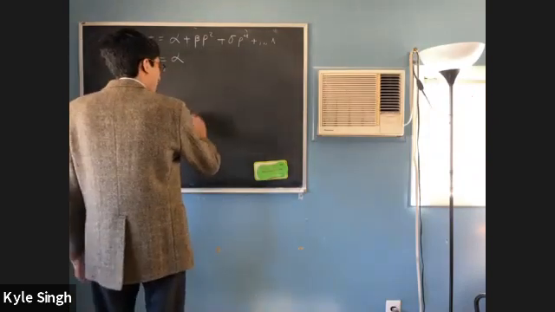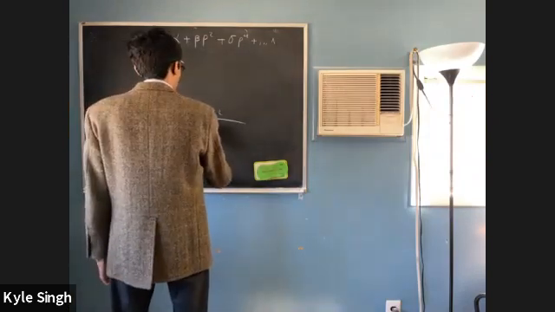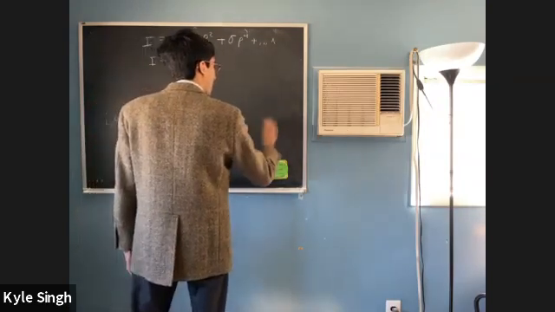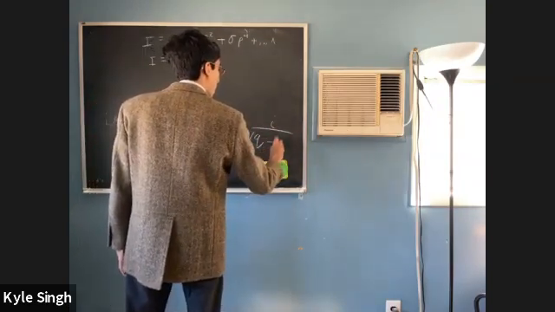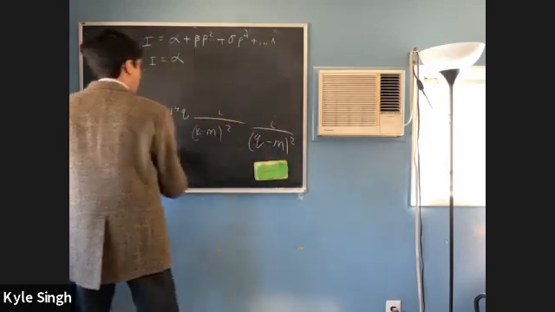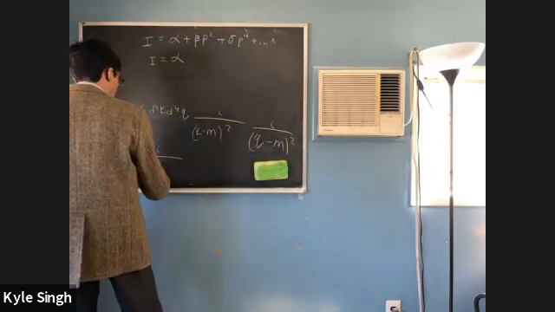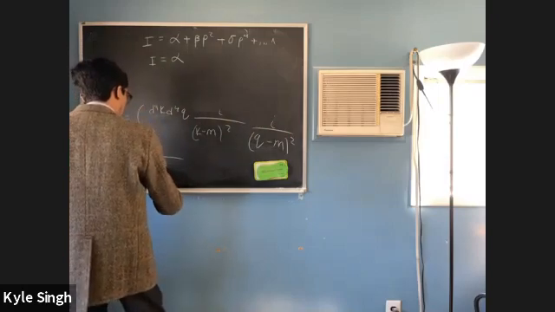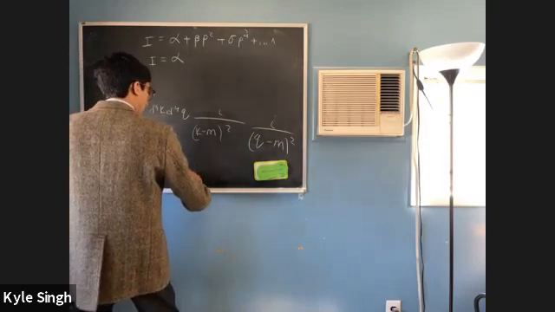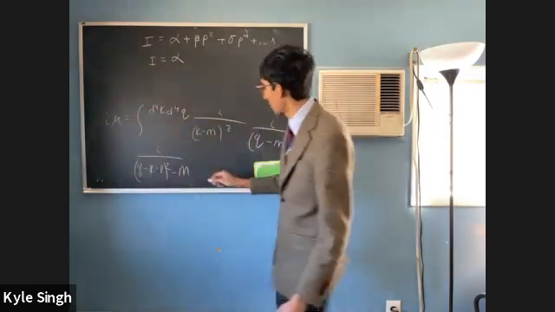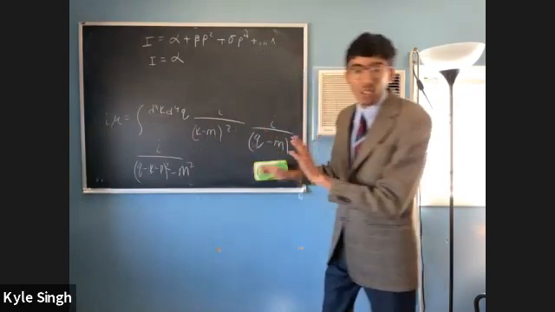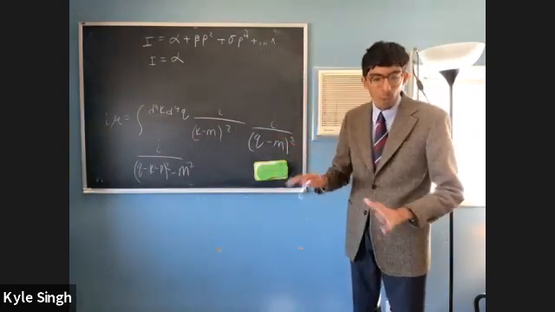D4K, D4Q, what was it? K minus M, right? Then some I Q minus M. Of course, these are squared. Then some I Q minus M minus K minus P squared minus M. Okay, fine, whatever. This is the form, right?